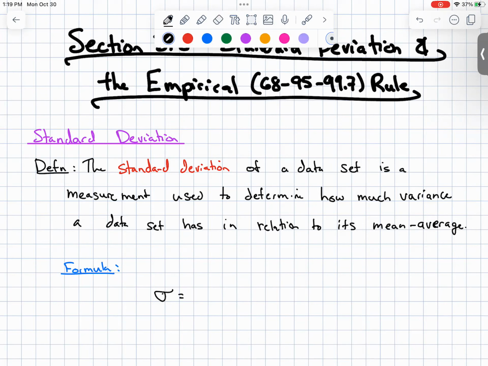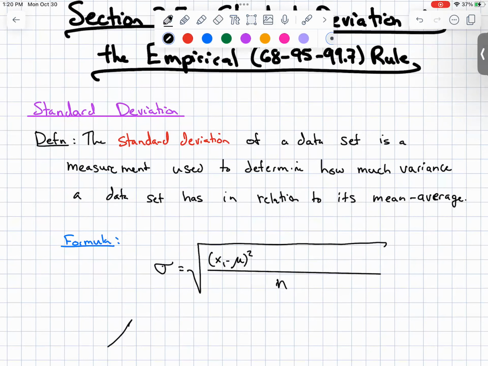And it's equal to a decently large square root. In the denominator, it's just an n. But in the numerator, it is x sub 1 minus mu squared. A mu looks like an m, kind of like a U with a little extra lip on it at the beginning.